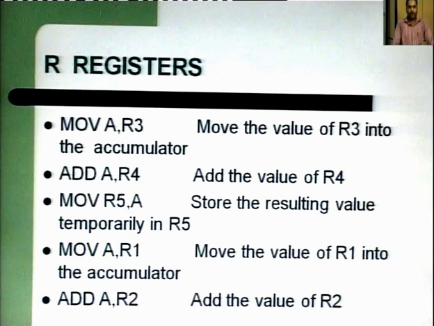In the third example, the contents of the accumulator are copied to register R5 of the selected bank. Next, the contents of register R1 of the selected bank are copied to the accumulator. And similarly, the contents of the R2 register are added with A and the result is stored in the accumulator.